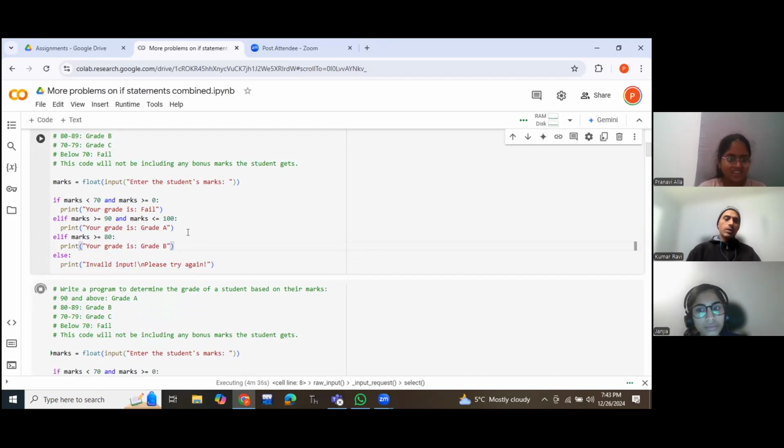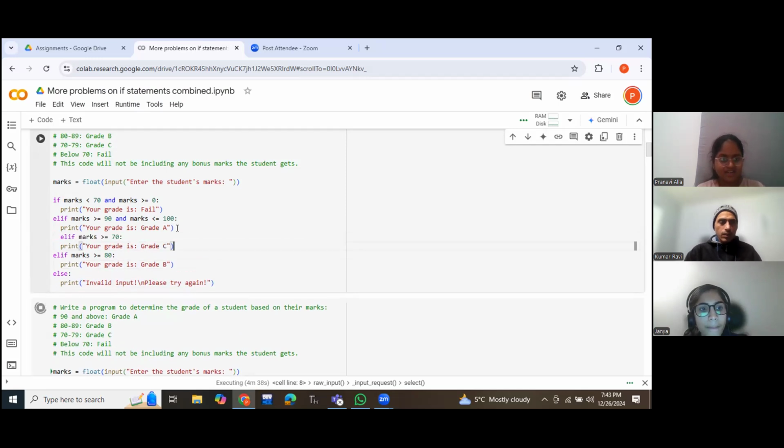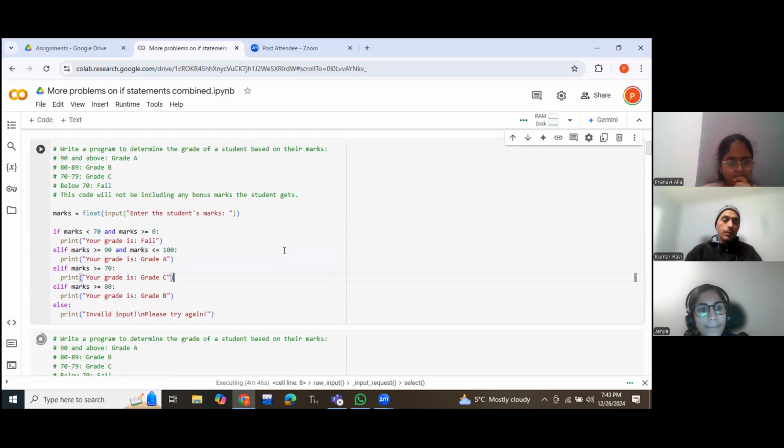No, no, it's okay. Because otherwise, as per the question, your code is like this. If you match it with the previous question and here, both look correct. If it should be more than 70, it is C. More than 80, B. It looks correct, but it's wrong.